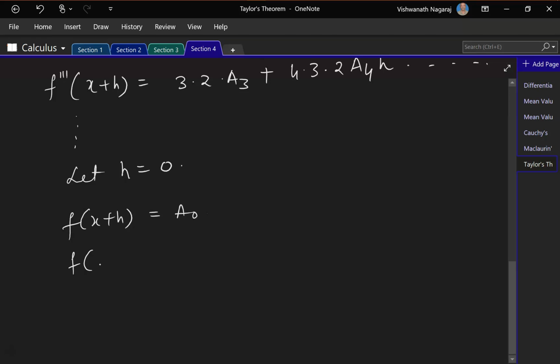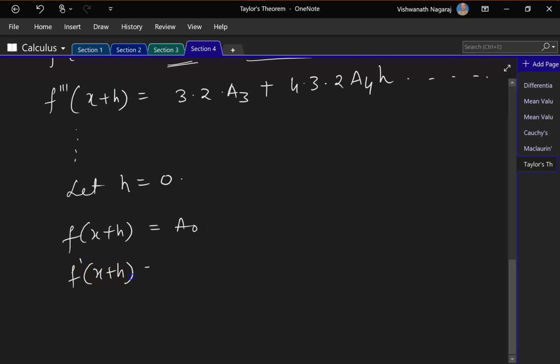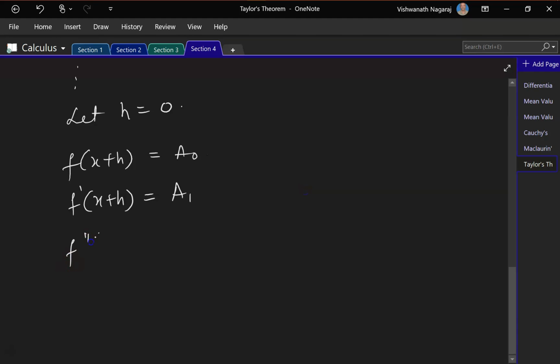F prime of x plus h is equal to a1. F double prime of x plus h is equal to 2a2. F third derivative of x plus h would be 3 times 2 times a3 and so on.